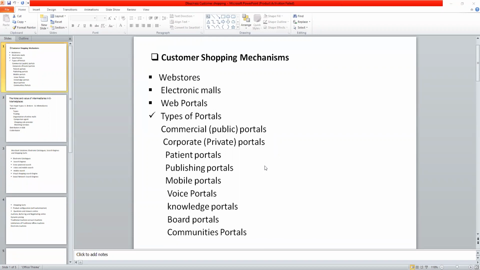Now, if we consider the types of stores here, these are the large market spaces that sell all categories of offerings or products. All major department and discount stores fall into this category. There are also specialized stores or specialized malls.